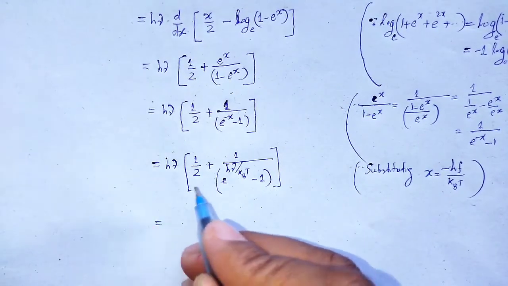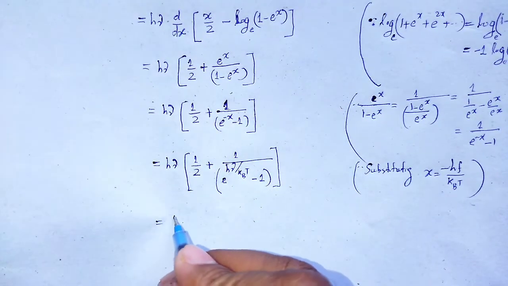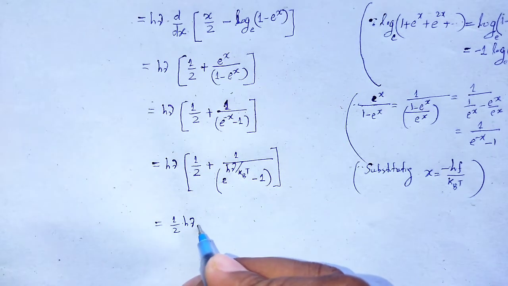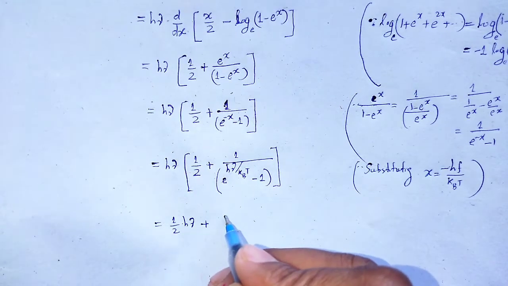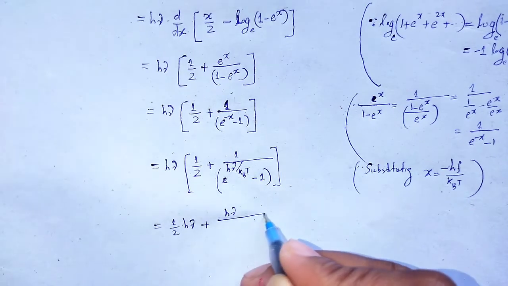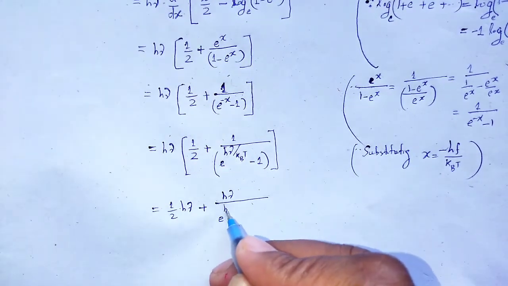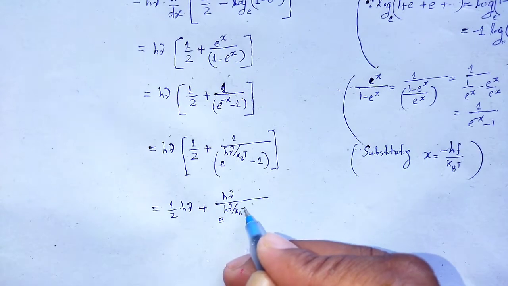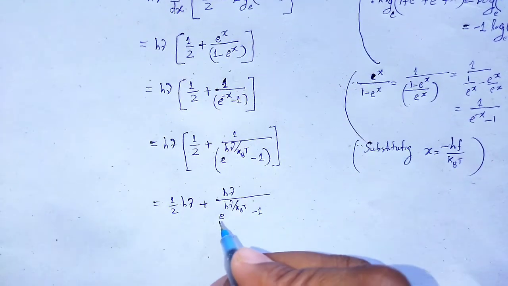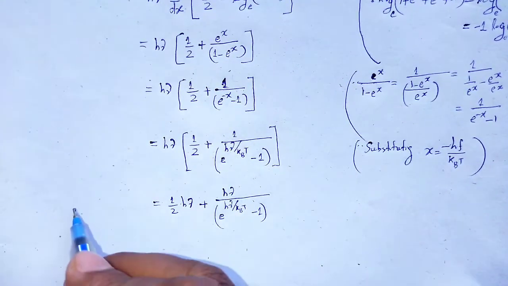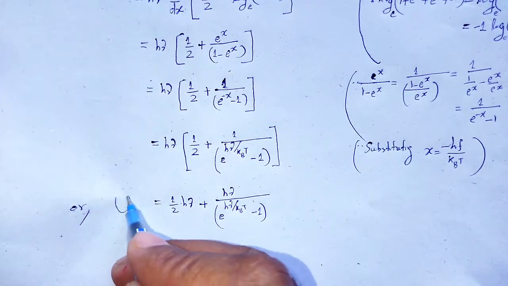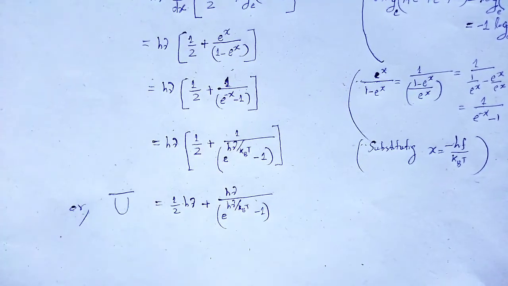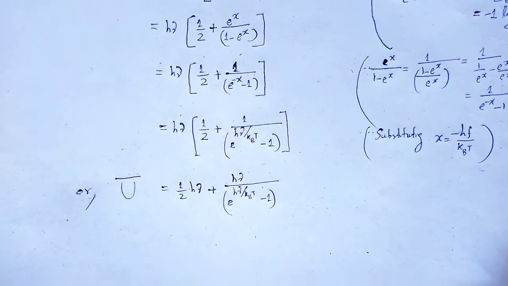Now separating the individual terms, that is half h nu plus h nu divided by e to the power h nu by kBT minus 1, that is for u bar, the average energy. As you know, there will be n number of atoms present in the crystal.